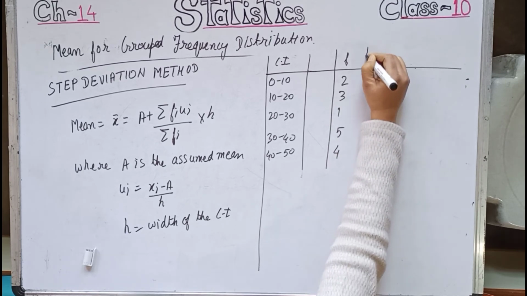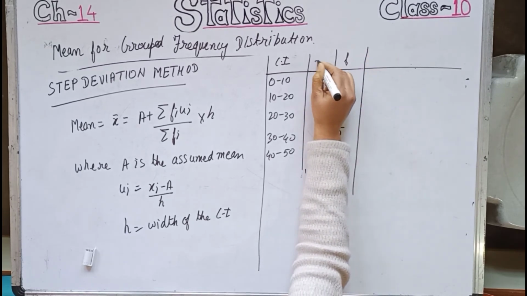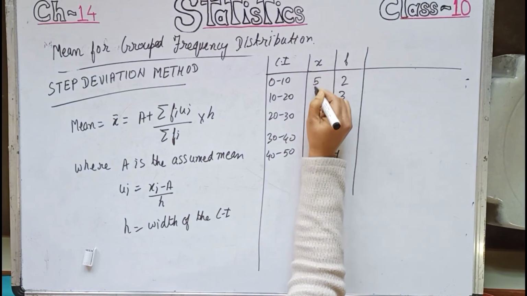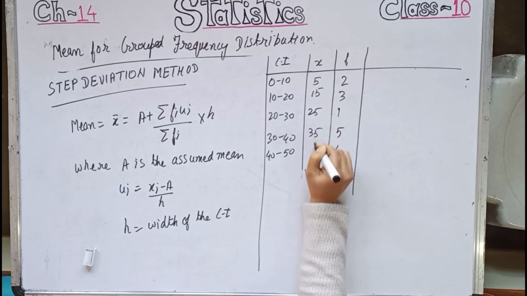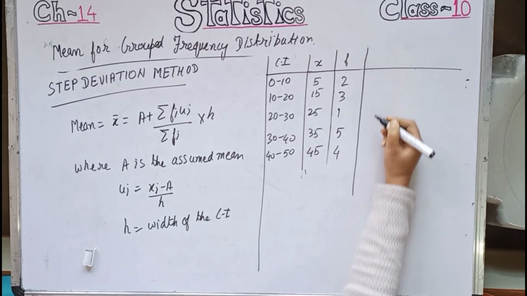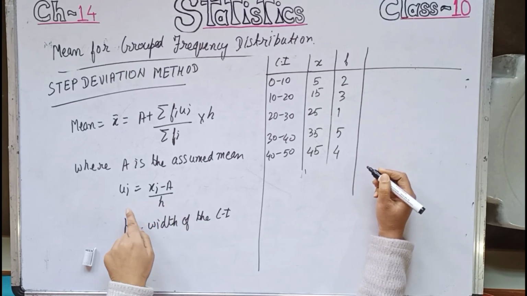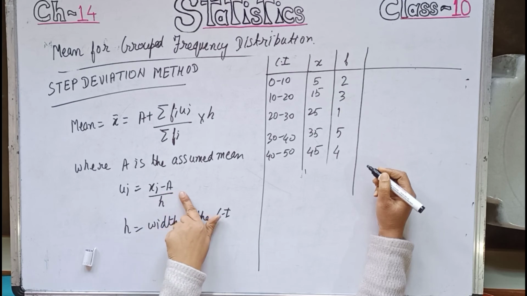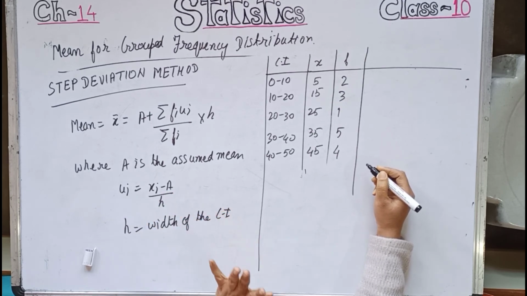Then first x let us make, over here 5, 15, 25, 35, and 45. Now over here xi minus a by h, so directly I can write ui, or first I can make the column of xi minus a, then the column of xi minus a by h, whatever you wish.